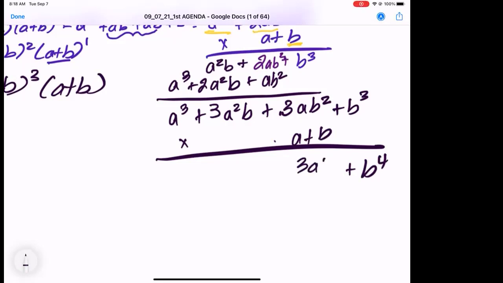Yes, if you got the x, it's in the same order. Why did the b disappear? Because it's a fourth relationship. So it's like a squared b at the top, and then it goes down. There's the b. The a squared b combines with the 2a squared b and makes 3a squared b. And then the 2ab squared combines with the ab squared to make a 3ab squared.